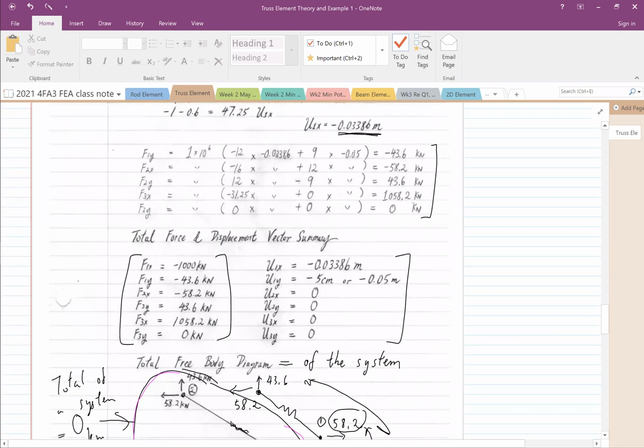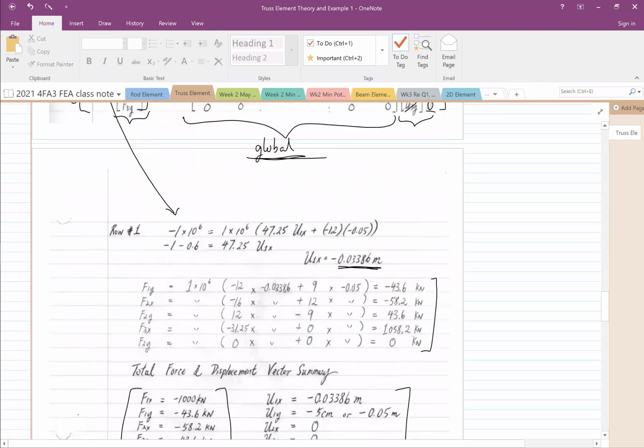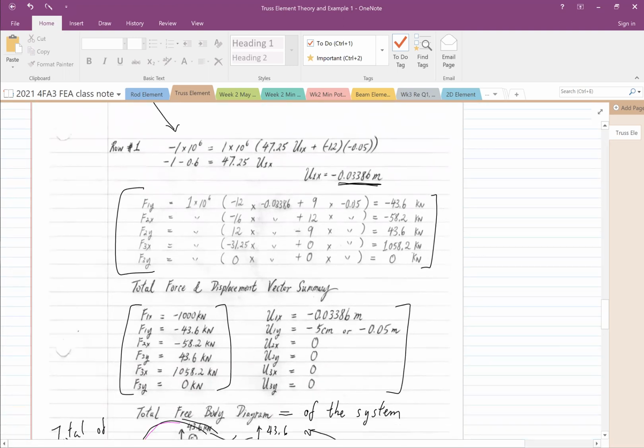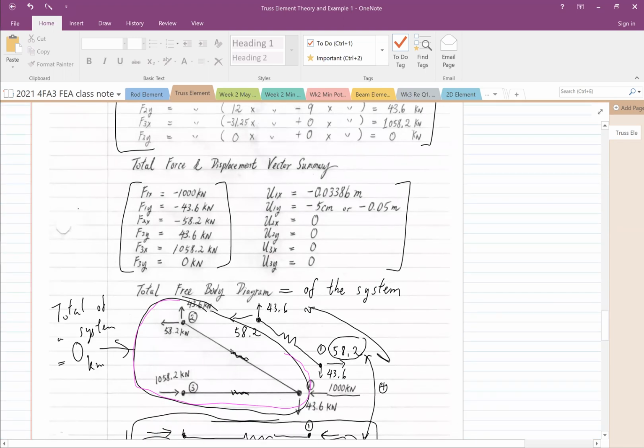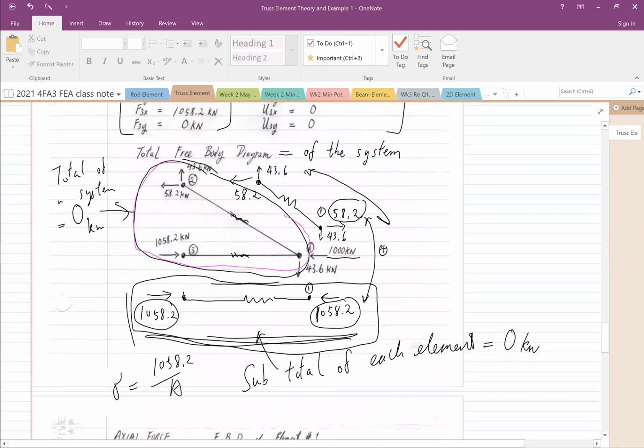With the two equations that we solve, we find the displacements u1x and u1y. We evaluate all the axial forces, and with that force we draw the free body diagram, and we can find the axial load on each rod.